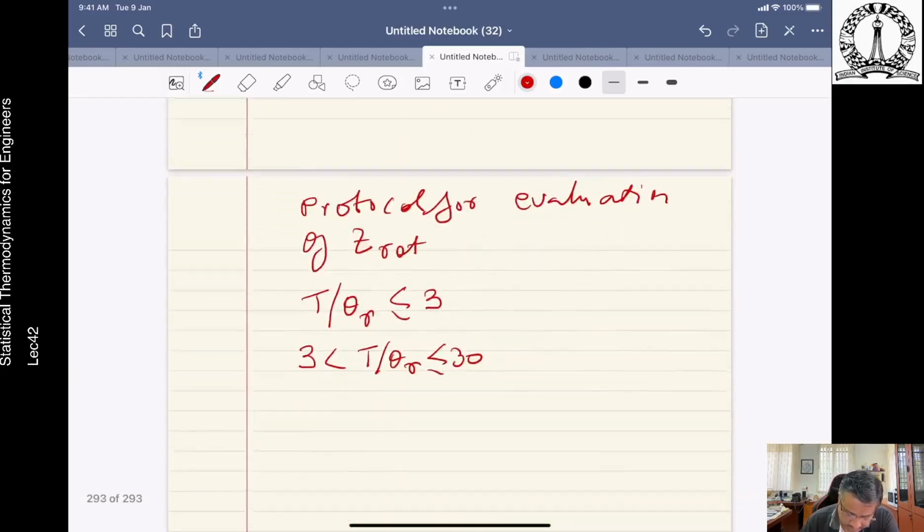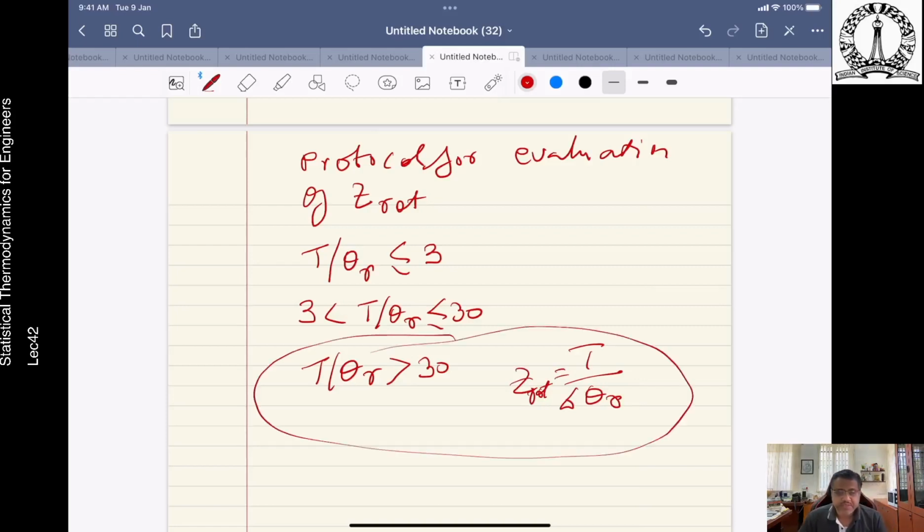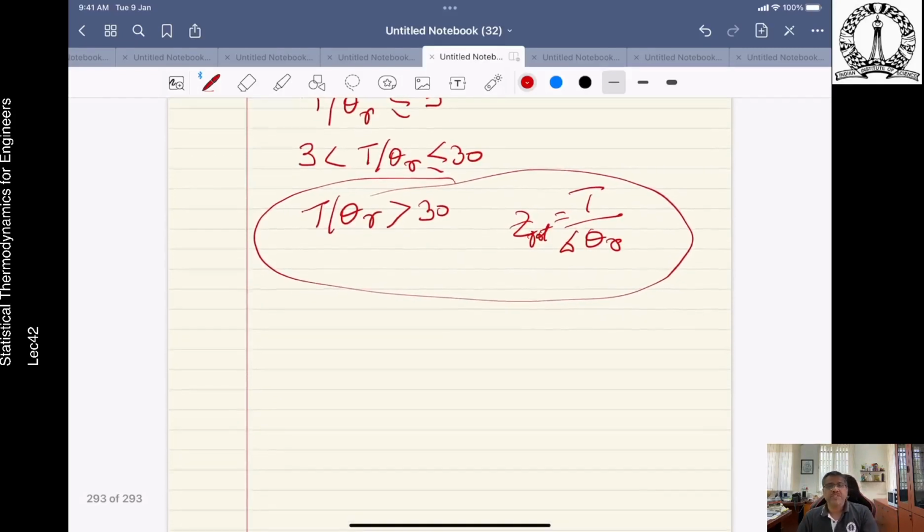Lastly, if T by theta r is greater than 30, then we use the last equation, which is T by sigma theta r. That will be your Z rotation. So there are varieties of ways in which you can do it. The most common scenario corresponds to this, because this is where most of the diatomics actually lie.